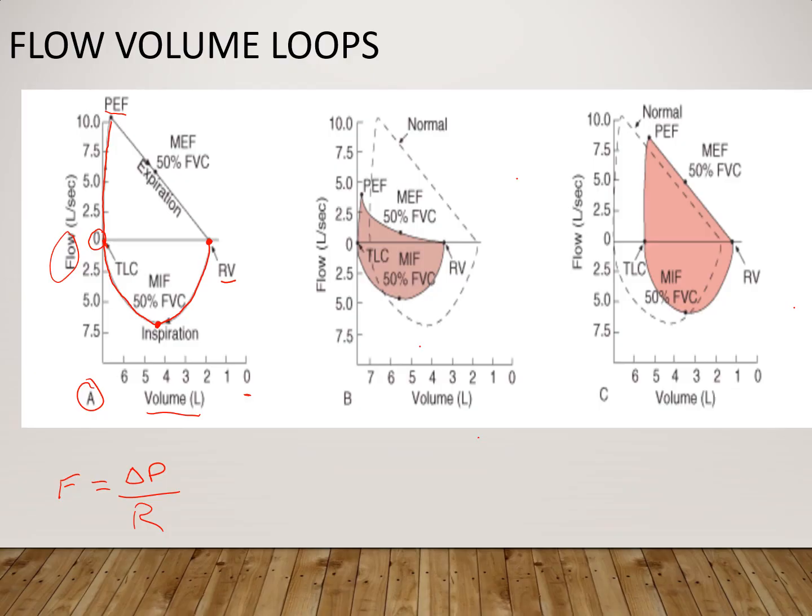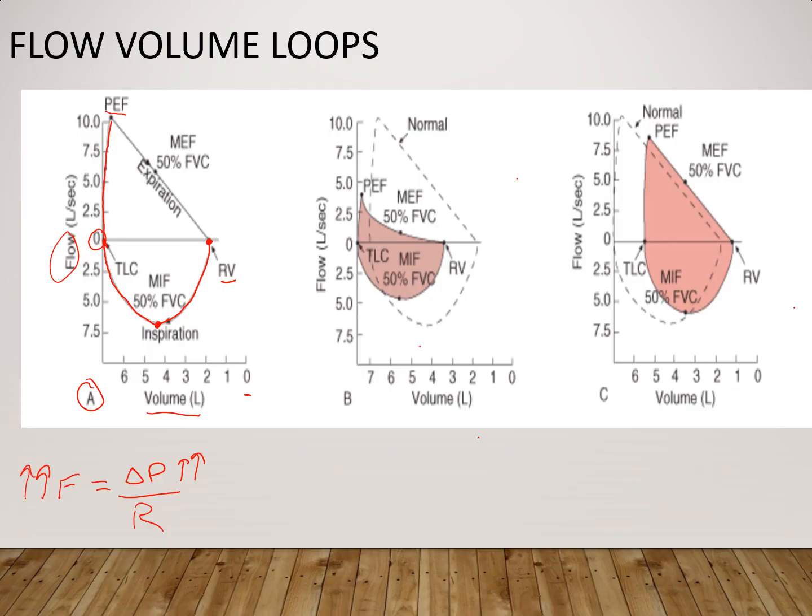So when we expire, the airways tend to collapse because the lung is actually decreasing in volume. And so the diameter of the airways goes down with it. That decrease in volume causes an increase in pressure, so the delta P goes up. And at least initially when we forcefully exhale, very briefly, that delta P is greatly increased and the resistance hasn't really increased yet, and so the flow has gone up significantly.